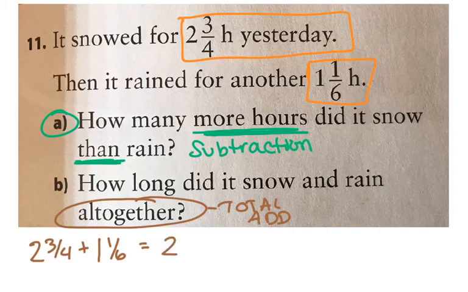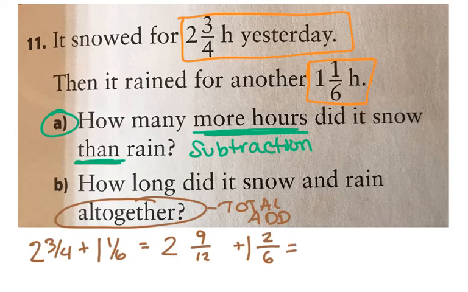So that 2 3/4, the common denominator, lowest common multiple, will be 12. What you do to the bottom, you must do to the top. So if you have a 4 here, you multiplied that by 3. So that top becomes 9. 6 at the bottom here, multiplied by 2.